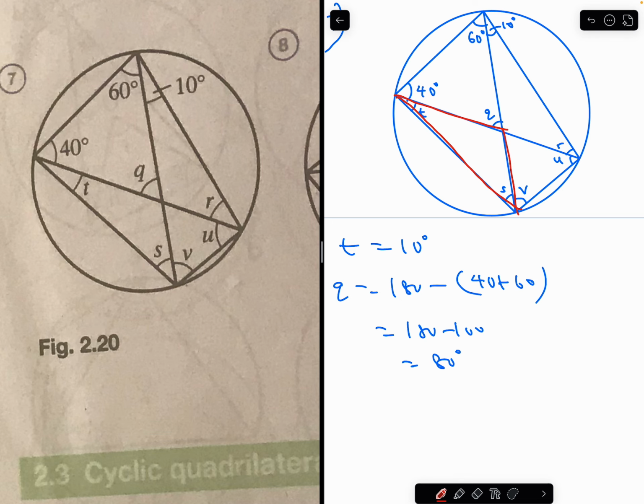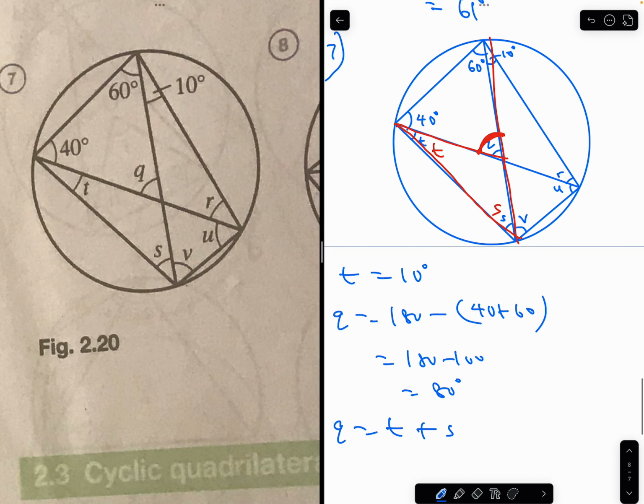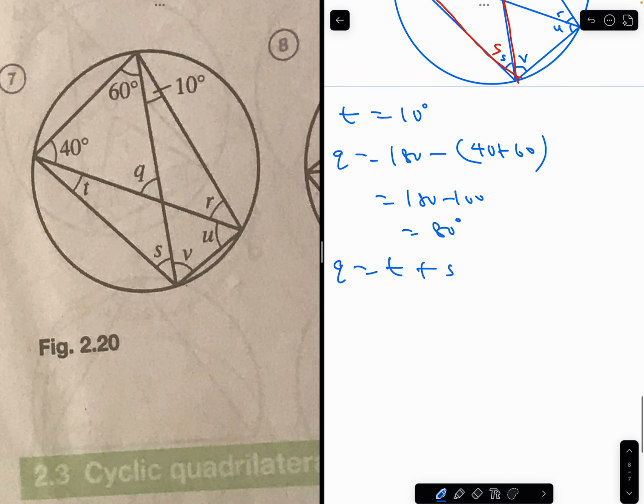Q is an exterior angle to this triangle. So that means it is equal to the sum of opposite interior angles. That means Q is equal to T plus S. I can use that to find S. Q equals T plus S. Exterior angle of a triangle is equal to the sum of opposite interior angles.